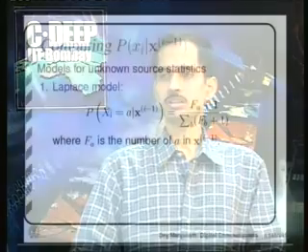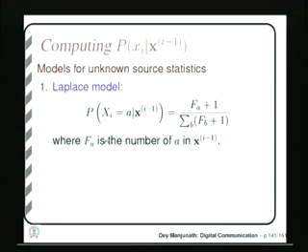So, here are some models we can use to estimate the probability distribution. Suppose we have received i minus 1 symbols and we are going to receive the ith symbol. Then you can estimate the conditional distribution of the ith symbol based on what you have received in the following way. This is the Laplace model. Suppose this is an M-ary source, any discrete source. Then you count the number of A's, so you are evaluating the conditional probability of receiving A at the ith symbol if you have received i minus 1 symbols before.